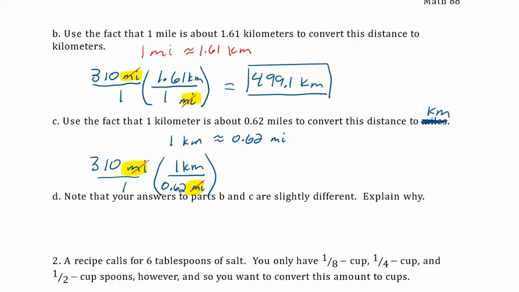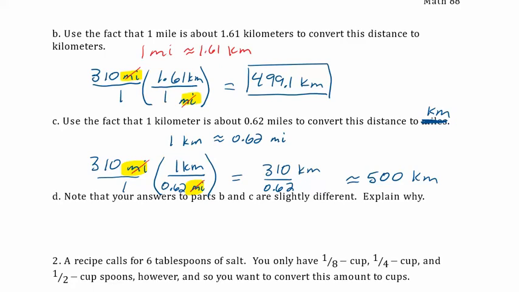So if we multiply straight across, we get 310 kilometers divided by 0.62. So now punch into your calculator 310 divided by 0.62, and we get about 500. Actually, it came out to be exactly 500, but these are estimates because our conversion factor is an estimate.